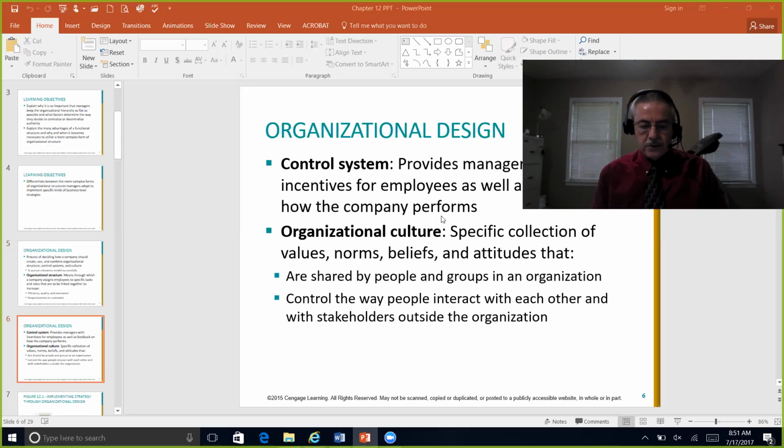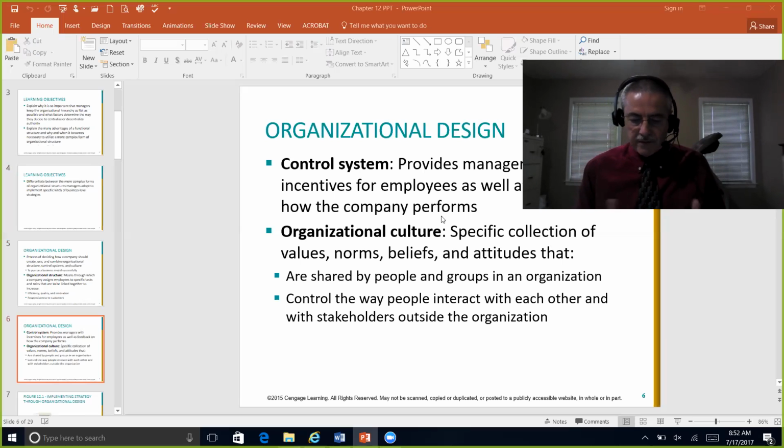It also provides specific feedback on how well the organization and its members are performing, so that it's maintaining its competitive advantages, so that managers can continuously take action that's going to improve its business model.